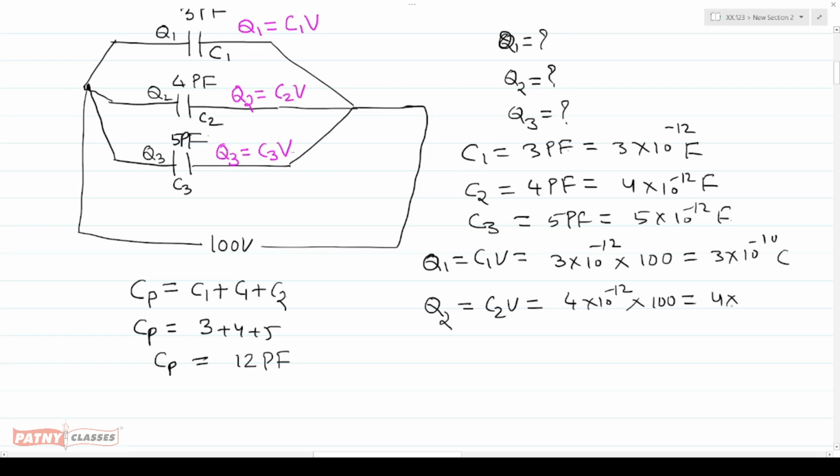So that equals 4 into 10 raised to minus 10 coulombs. Similarly, the charge on the third capacitor Q3 equals C3 into V. C3 is 5 picofarad, that is 5 into 10 raised to minus 12 farad. Applied potential is 100. This equals 5 into 10 raised to minus 10 coulombs.